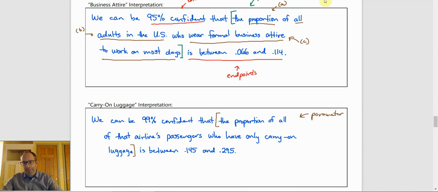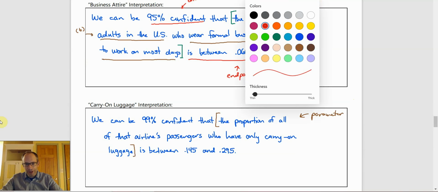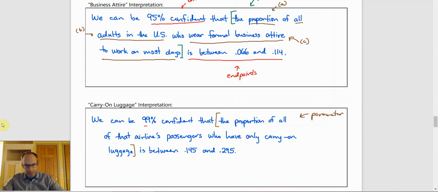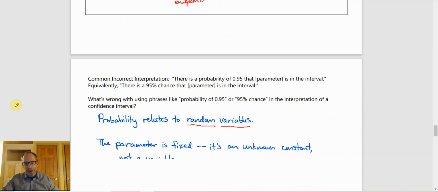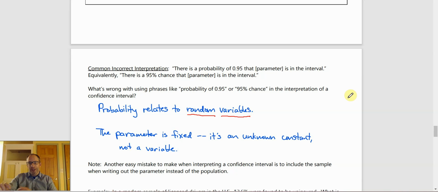But then, just like before, we got confidence level at the beginning, endpoints at the end, right? So there are the endpoints, and then the confidence level right up there. All right. And in the homework, it would probably say we can be 99% confident that P is between 0.145 and 0.295.